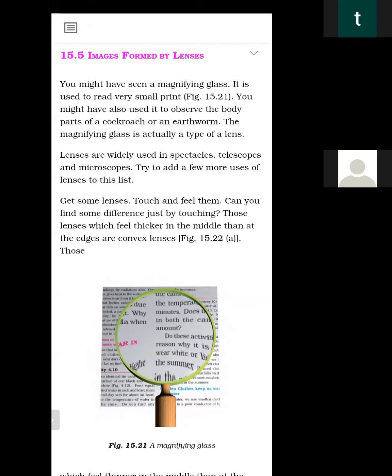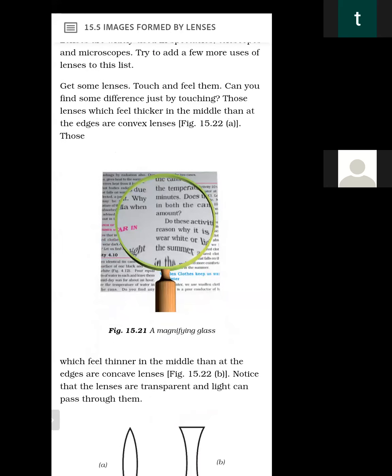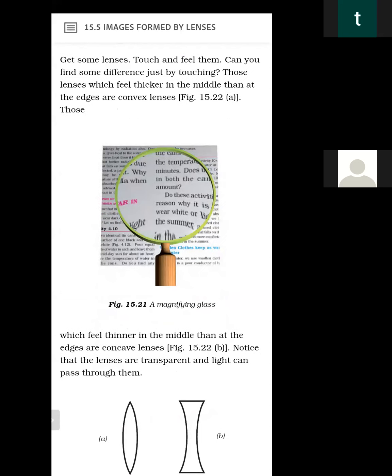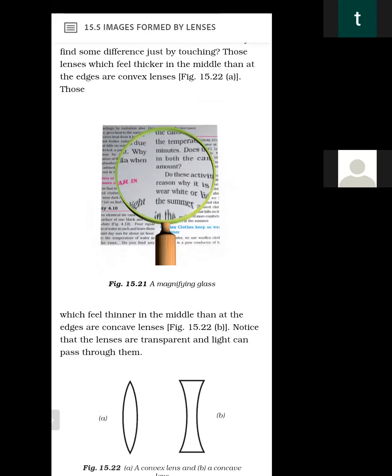Those lenses which feel thicker in the middle than at the edges are convex lenses. Those which feel thinner in the middle than at the edges are concave lenses. So students, underline this line: those lenses which feel thicker in the middle than at the edges are convex lenses.